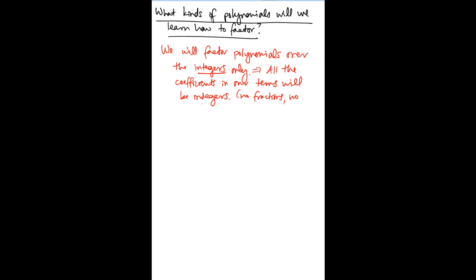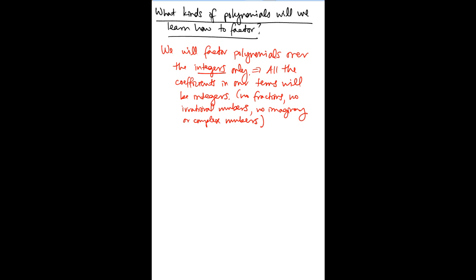We're not going to get irrational numbers like e or things with square roots in them. We're not going to get imaginary numbers or complex numbers. It is possible to factor using these other types of numbers, but for this course we're not going to.